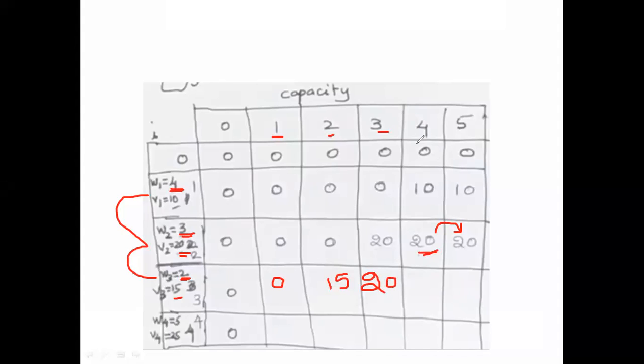Okay, next 4 kg bag. The 4 kg bag value is 10. You cannot write 10 here because at that time you compare with the previous row's value. This 20 is the maximum, and 10 is the minimum value, so the minimum value cannot be written. So that same value 20 you must write here also.